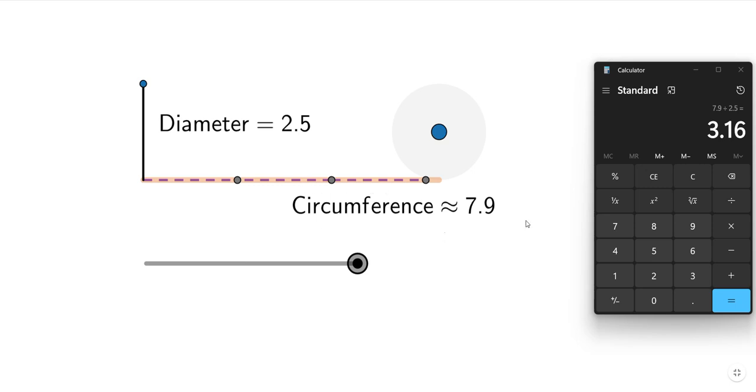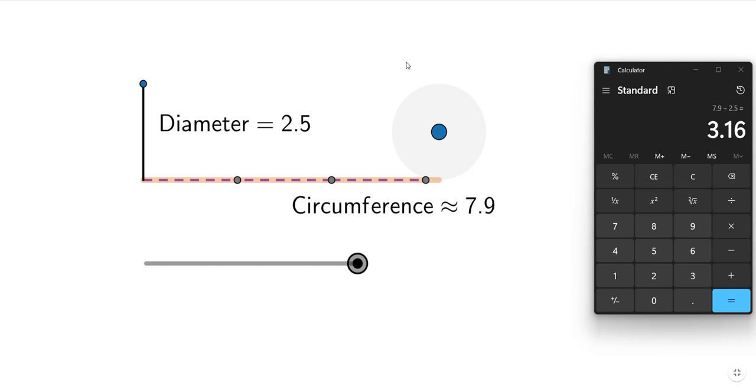The value of this circumference is not exact. And if we get the exact value of the circumference, then the value of pi will be exactly 3.14, right? So this is the reason why we always find a pi when there is any circle.